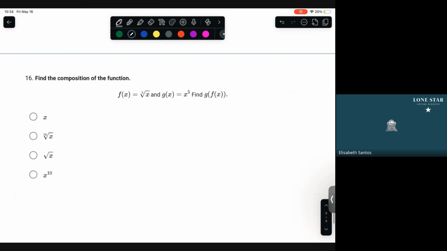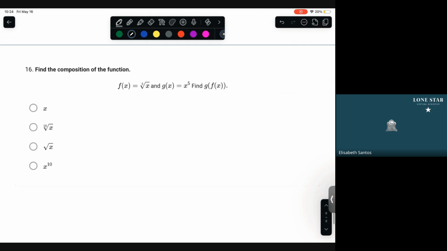Okay, 16. Find the composition of the function. So our composition is just taking one equation and plugging it into another. So we're going to be taking our f and plugging it into the g equation, where that x is.